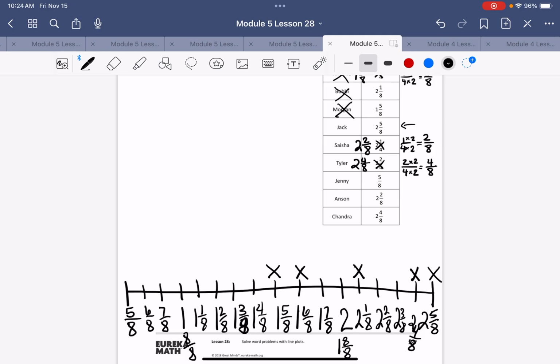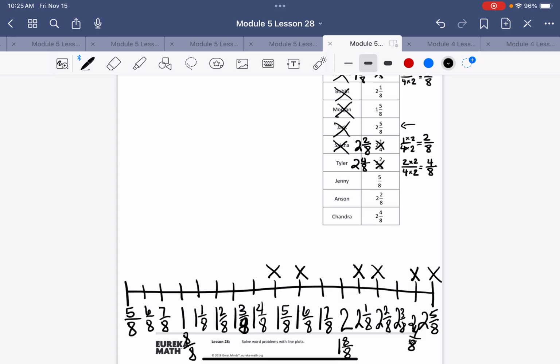I put an X. And then I cross out Jack. Now I'm going to go to Sasha. Sasha has 2 2/8. So I find where 2 2/8 is. I put an X. And I cross out Sasha.